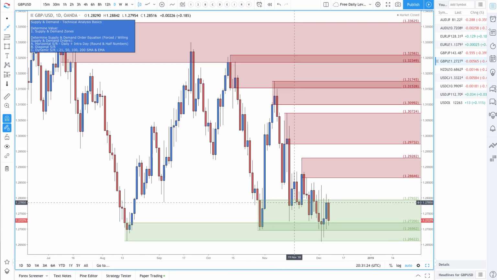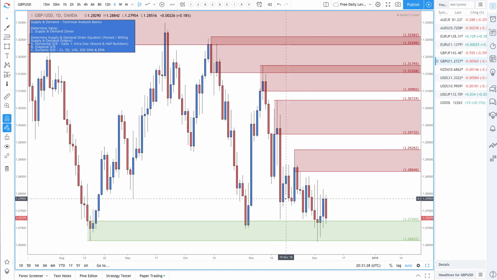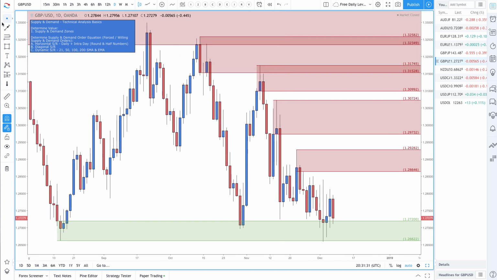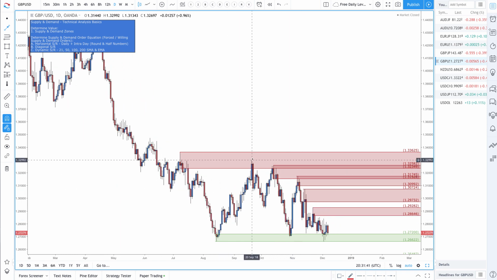And the pound dollar, we have, let's get rid of this one here. Pretty much last week we just chopped about between this supply zone, this demand zone, and this overall range. So prices are really between this high here and this low, and we're at the lower end.